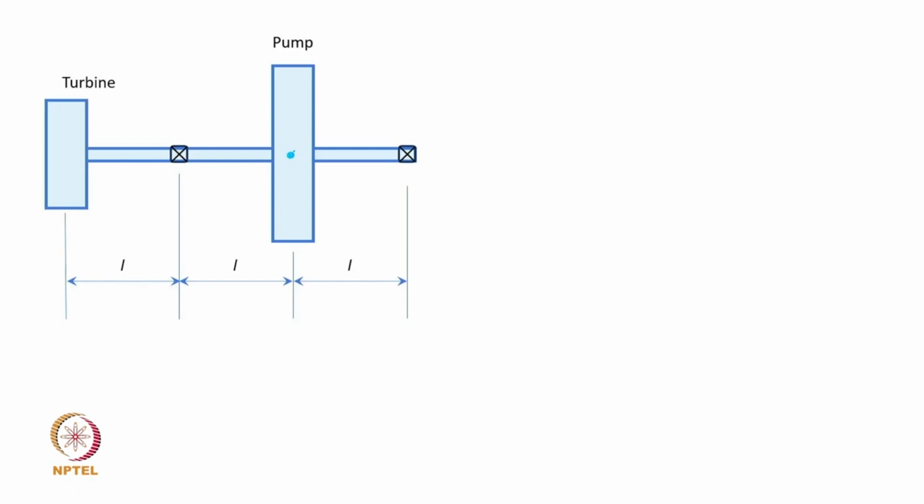So, the lengths are given, the shaft dimensions in terms of its diameter and length are all given, the material properties are given, and you can find from strength of materials that these influence coefficients turn out to be L cube by 6 EI as alpha 1 1. This you can find out from beam theory, where all the expressions are quite well documented.